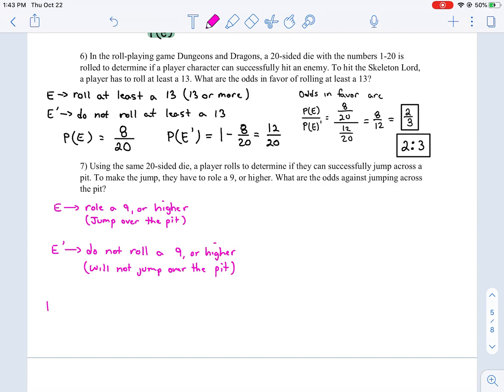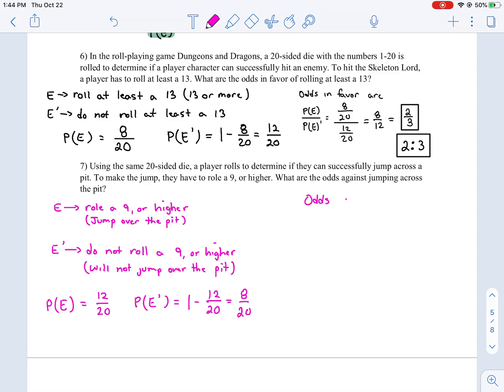All right, so what is the probability that the player rolls a 9 or higher? Well, that will be 12 out of 20. The probability the player does not roll a 9 or higher will be 1 minus 12 over 20, which will be 8/20.